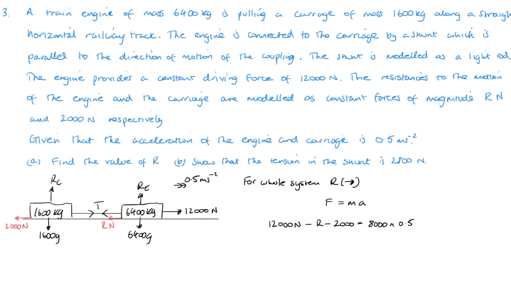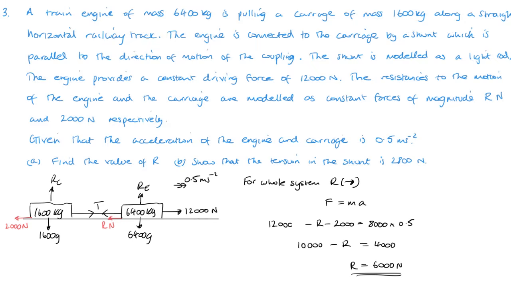So what I've done is I've assumed this as 1 unit. So 1 unit of 8,000 and the resistance forces is 2,000 plus R and the driving force is 12,000. So we've got 12,000 minus 2,000 is 10,000 minus R equals 4,000. So R is 6,000 newtons.